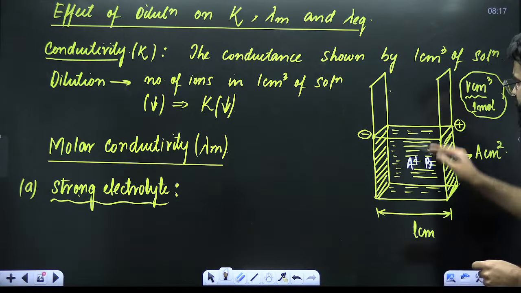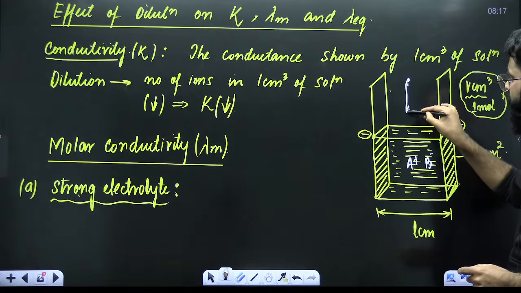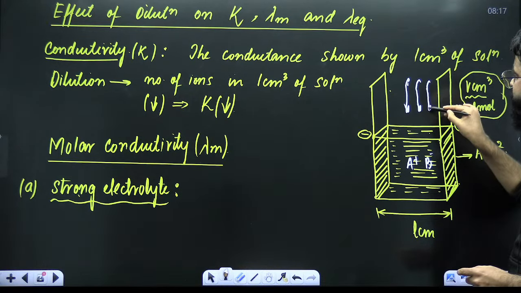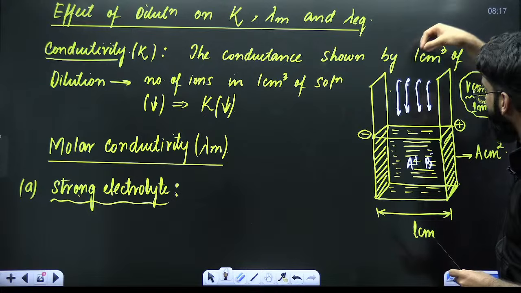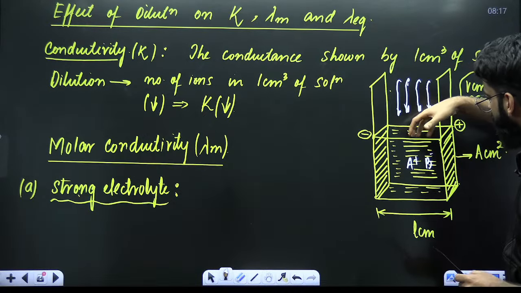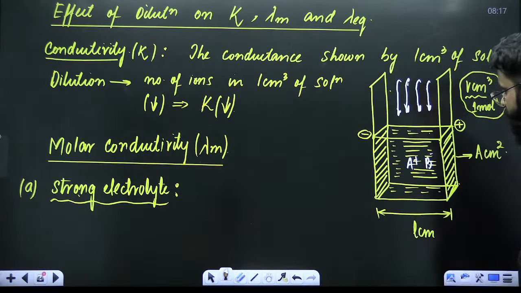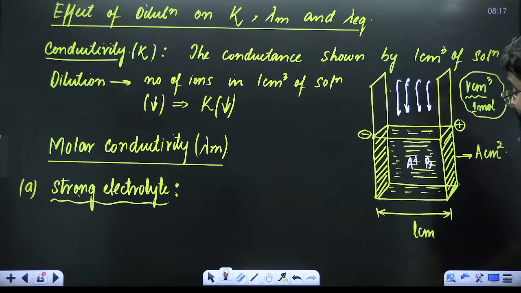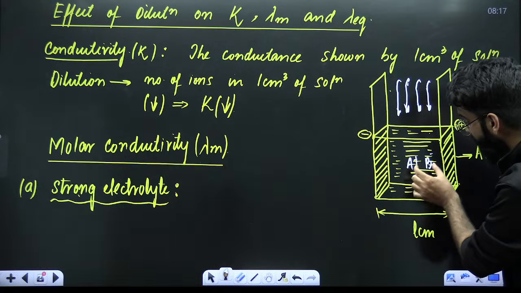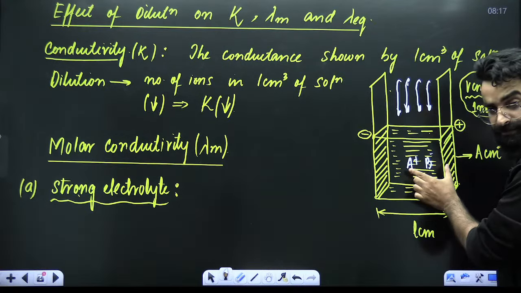Perfect. Now, imagine you are doing dilution. That means you are adding some extra solvent. If you are putting extra solvent in this solution, what is happening to the volume of solution? The volume is increasing. If the volume is increasing, the distance between the oppositely charged ions will increase.